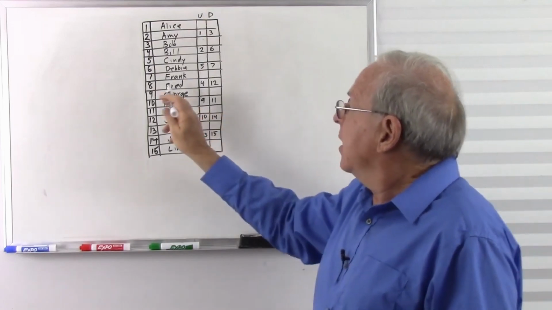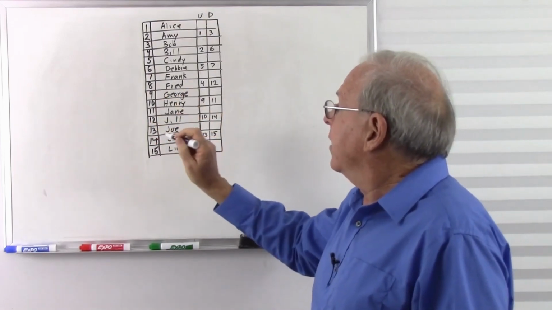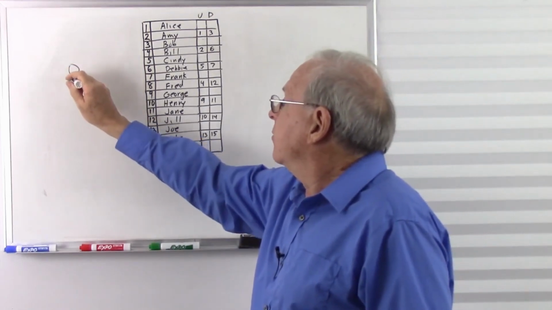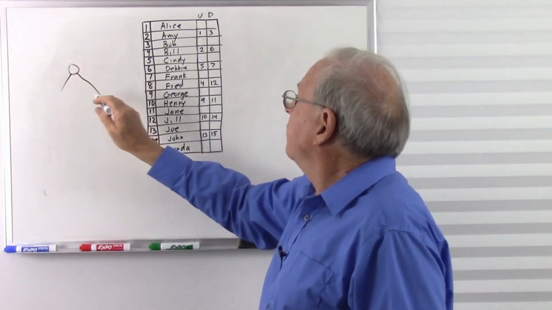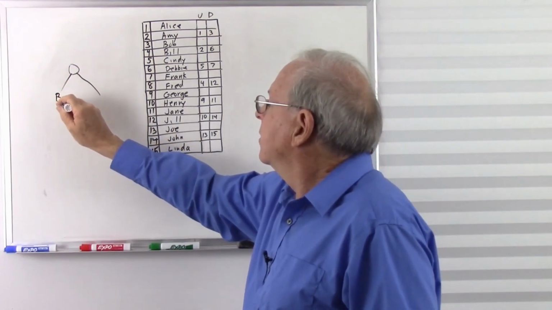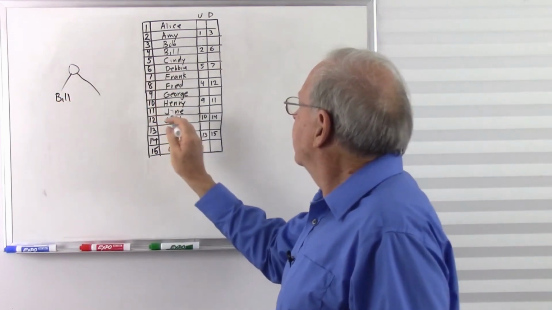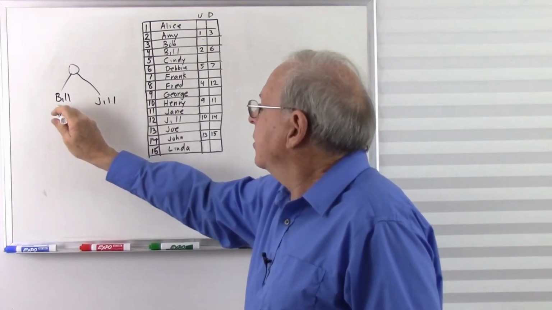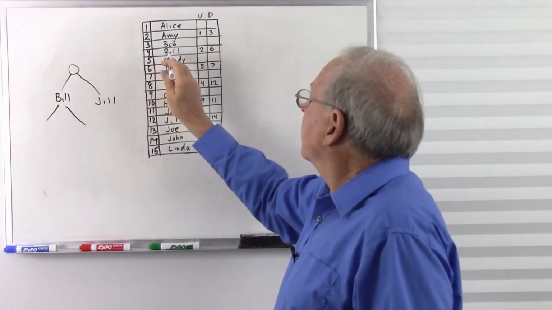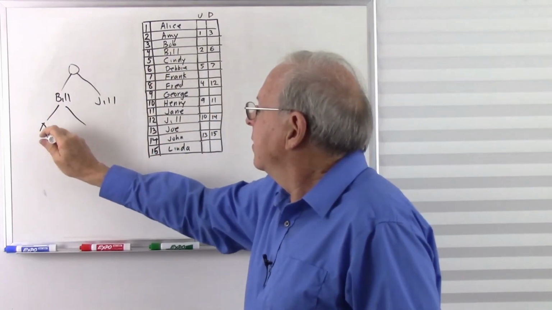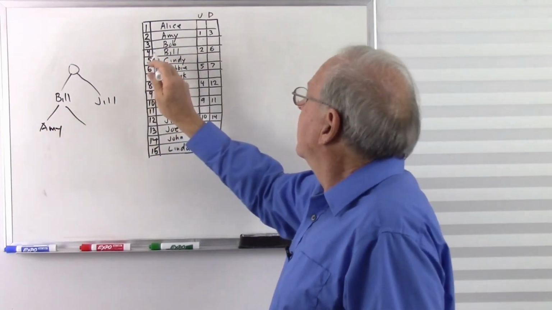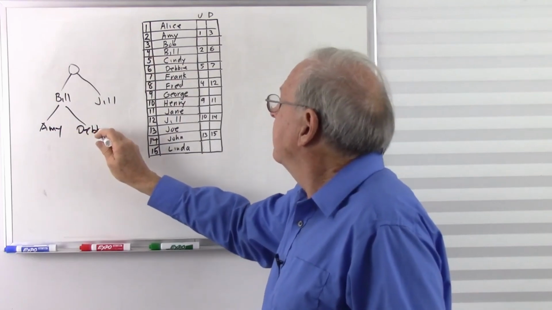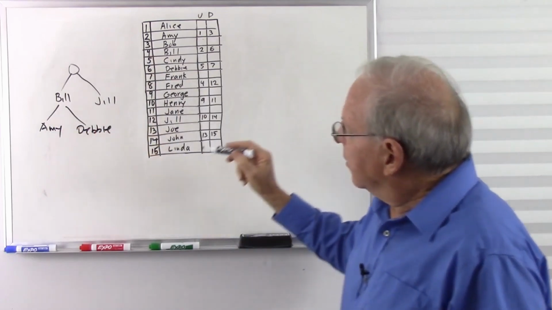So what do we have here? We now have a piece of data, which is Fred, and that's going to be our root. And Fred can split off to either Bill or Jill. And Bill can split off to either Amy or Debbie, and vice versa.